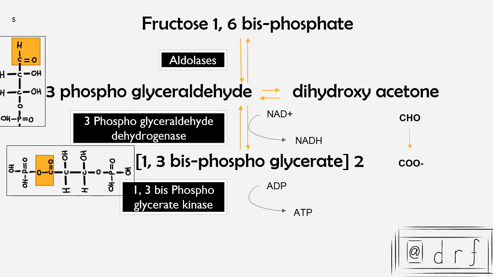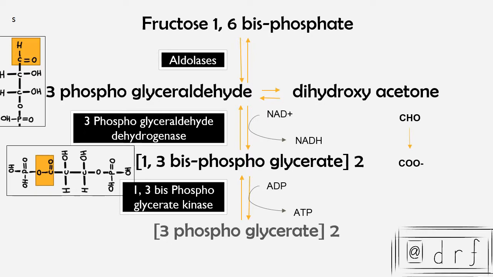From where is the phosphate group coming? The phosphate group has come from 1,3-bisphosphoglycerate, and this 1,3-bisphosphoglycerate is now converted into 3-phosphoglycerate.